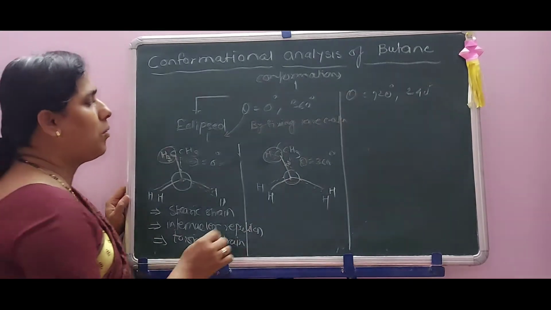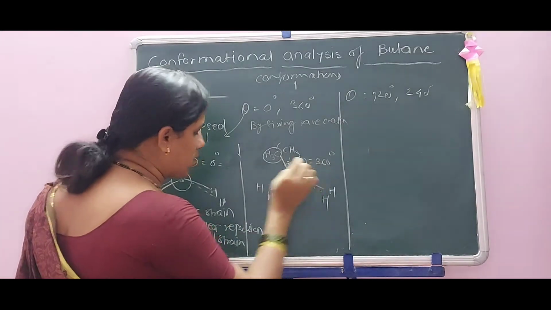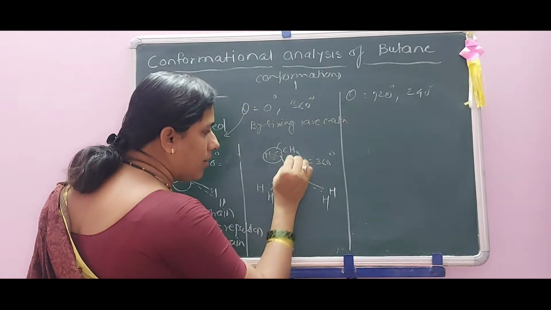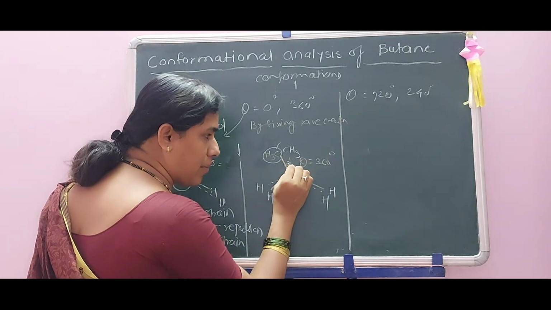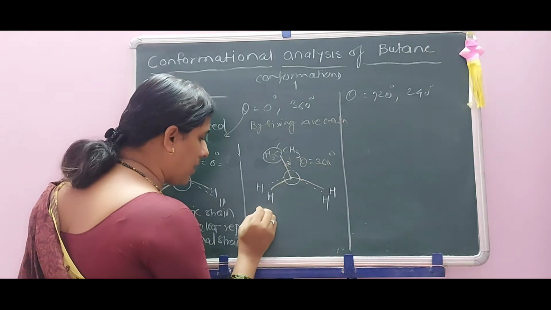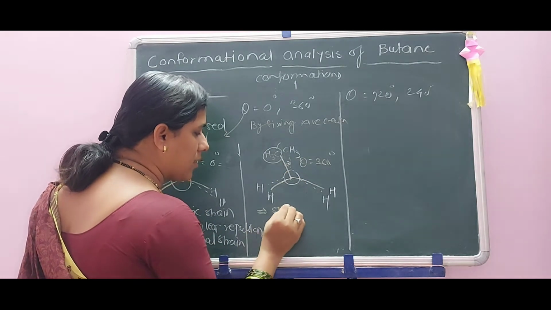Now, in this position also these two strains are possible. That is due to the methyl group of the rear carbon atom being eclipsed by the methyl group of the front carbon atom, thereby increasing the steric strain.